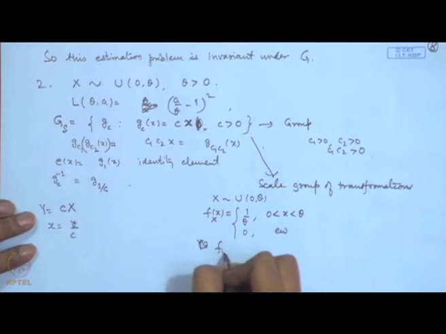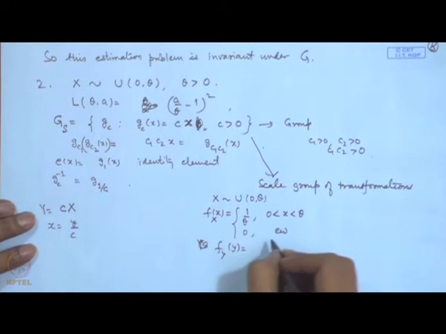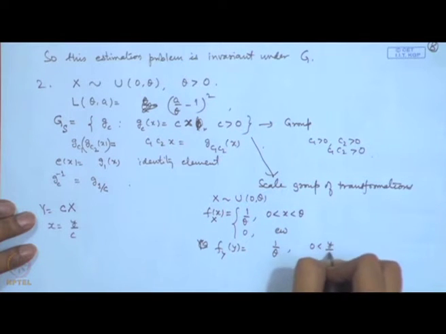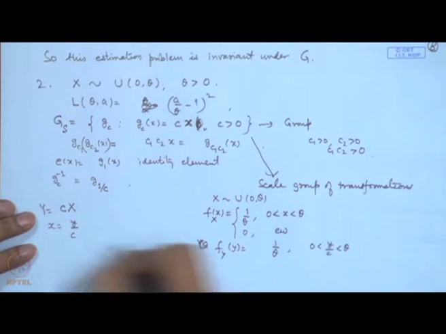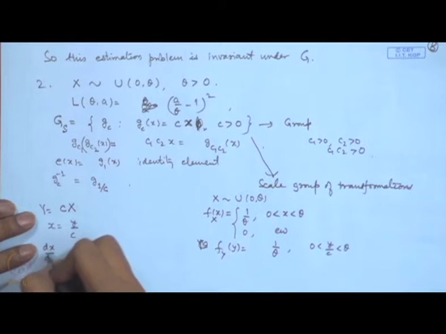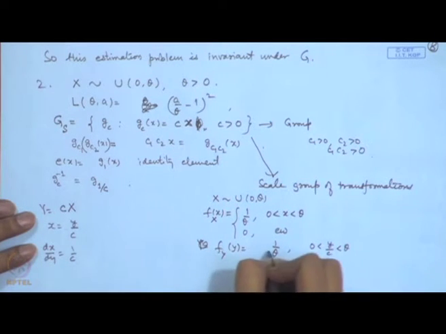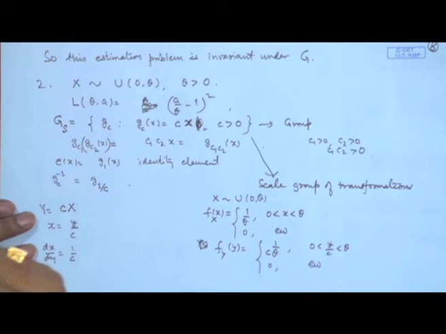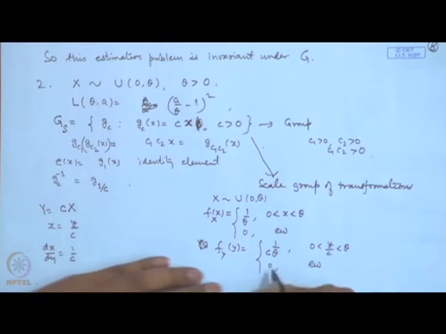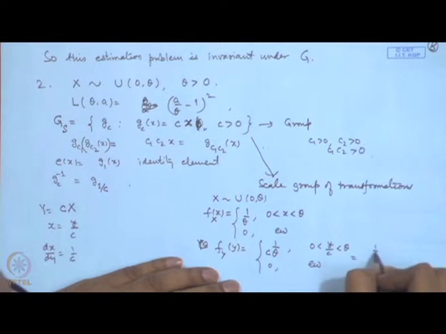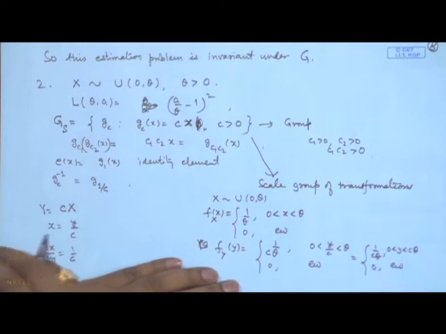So, the density of y is then equal to 1 by theta, 0 less than y by c less than theta, and you have dx by dy is equal to 1 by c. So, 1 by c will come here, and it is 0 elsewhere. So, this we can write as 1 by c theta, 0 less than y less than c theta, 0 elsewhere.